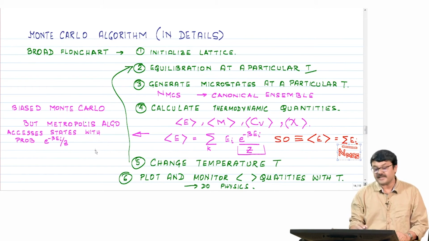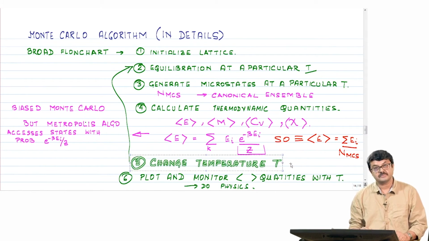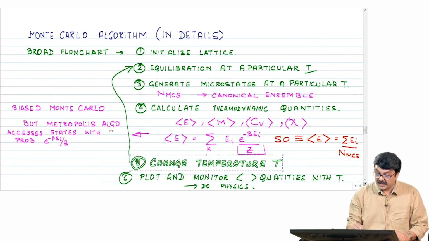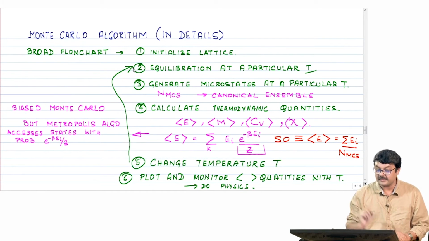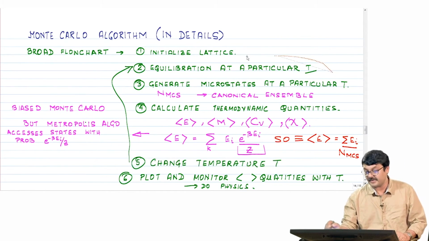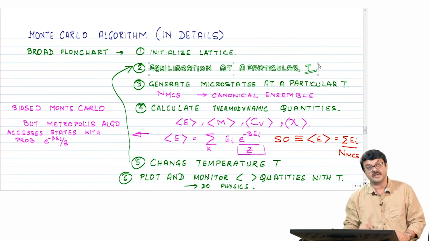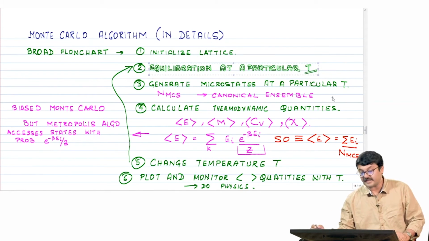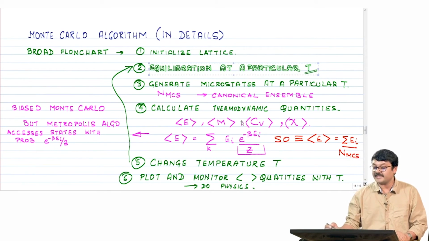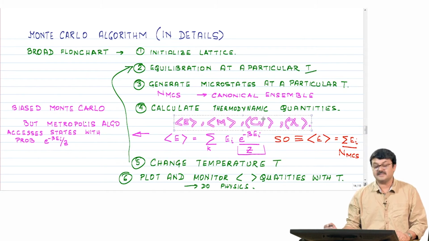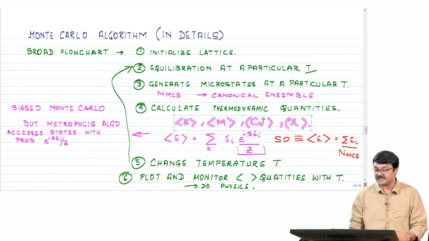So, once you have calculated the thermodynamic quantities at a particular temperature, you can change the temperature, and allow the system to equilibrate at this new temperature, generate different microstates, and calculate the average energy, magnetization, C_V, chi, etc. at that new temperature.